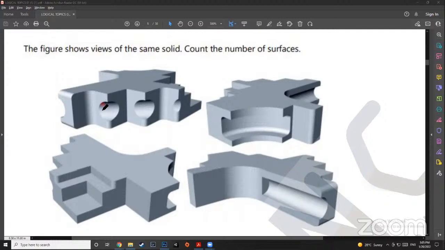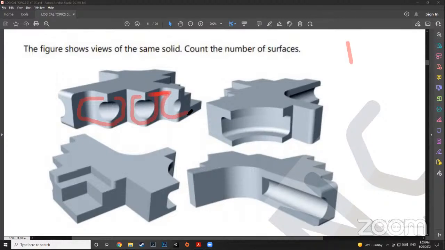For example, I can see there is an edge. Wherever an edge appears, it means it is breaking off the surface. So this is one surface, and because this is curved, this also becomes part of the same surface. Okay, one. This is the same surface, same surface, going on till here.